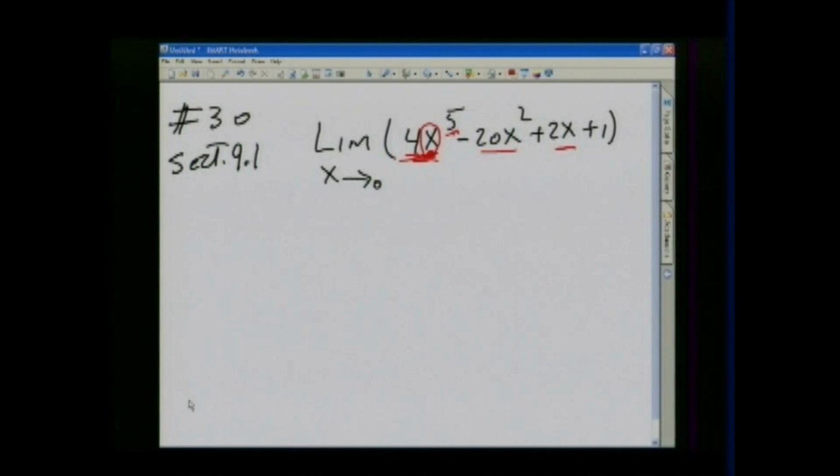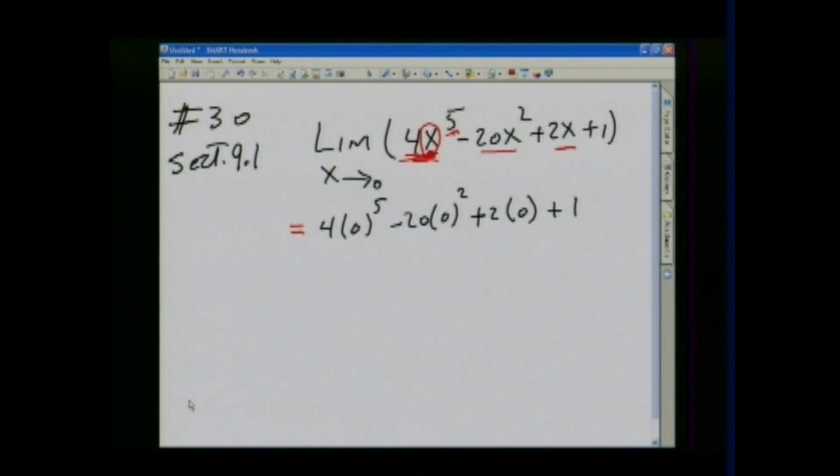Another way you look at it, you write this as equal to 4 times 0 to the fifth power minus 20 times 0 to the second power plus 2 times 0 plus 1.